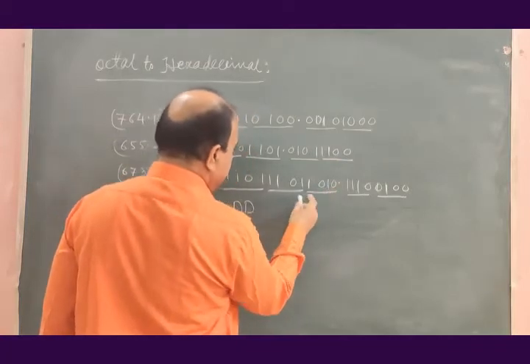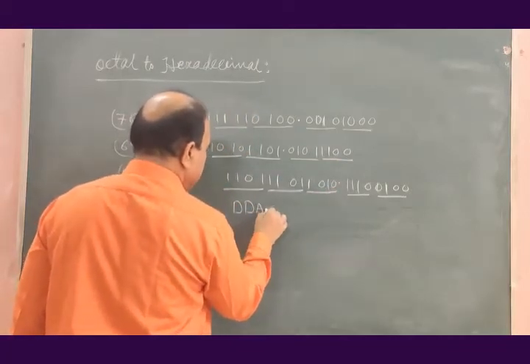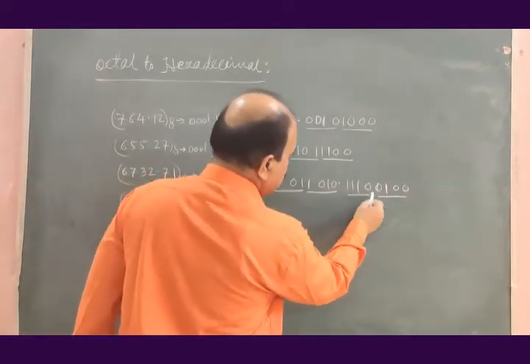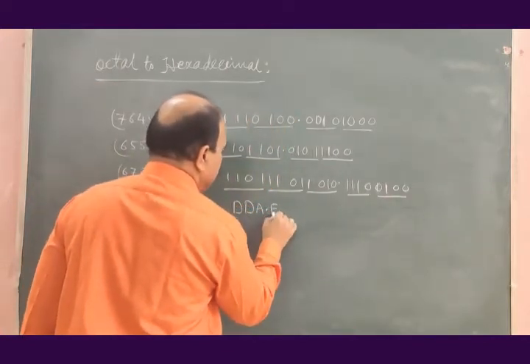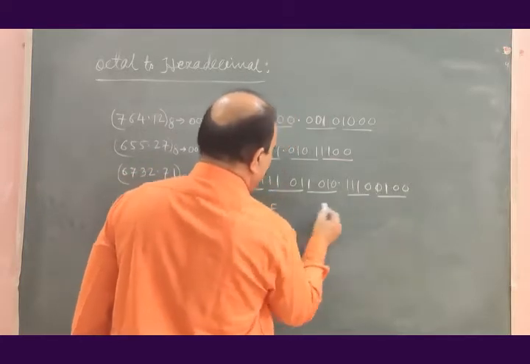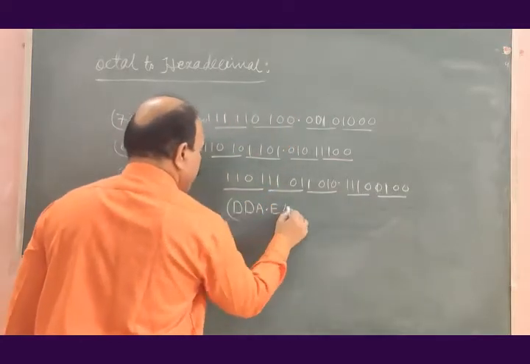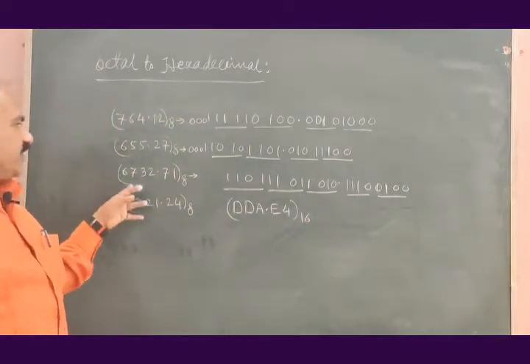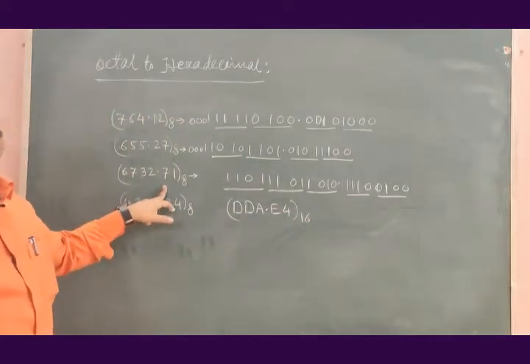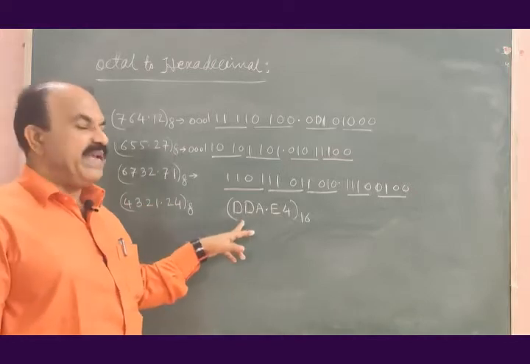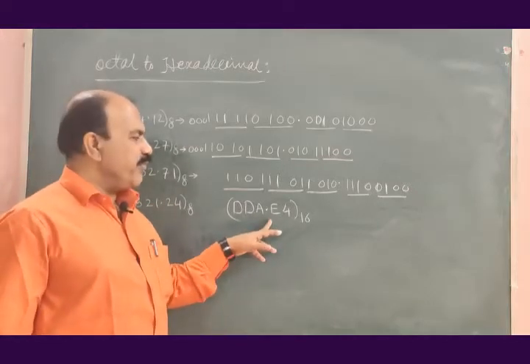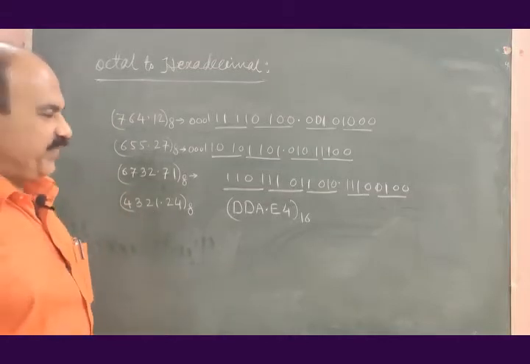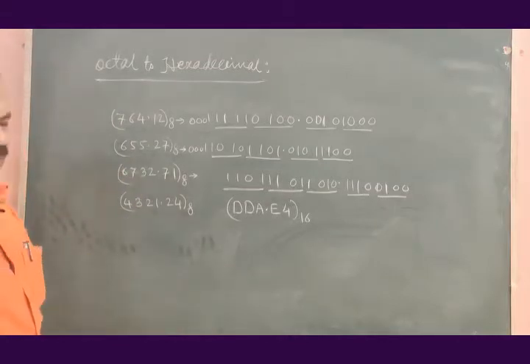This is 10, that is A. So DDA, point, this is 14, that is E. This is 4. So 6732.71 in octal will be DDA.E4 in hexadecimal. And let us go to the last one now.